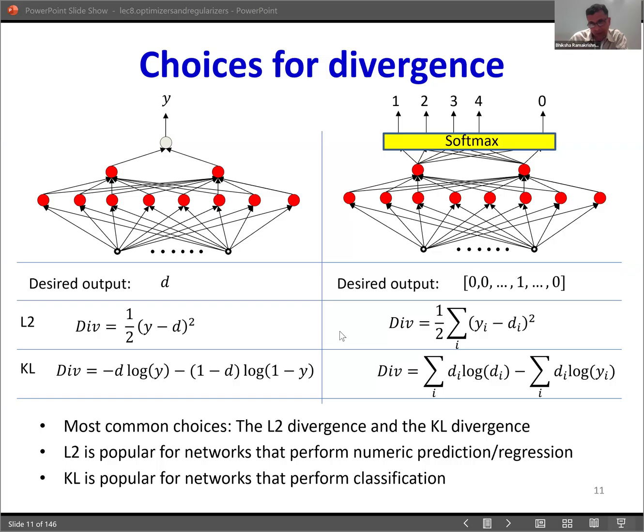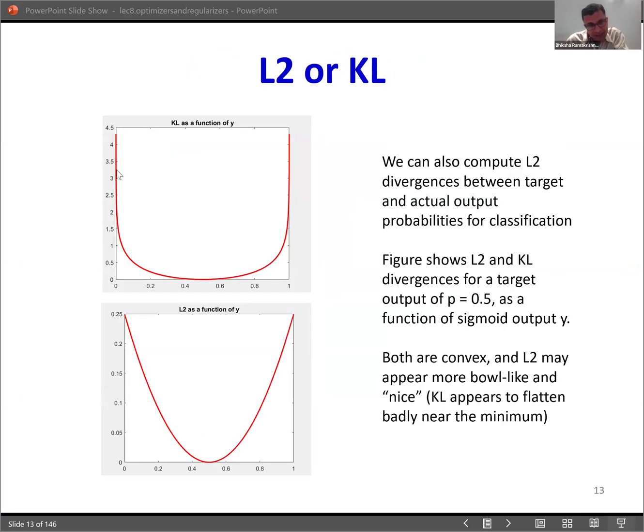Yes, you're fine. I'm getting to just that. So here is the KL divergence for a binary classification function where the target output is 0.5. If you had a quadratic divergence, the actual divergence function is going to be this orange curve. Observe that it already crosses the boundaries at 0.25.